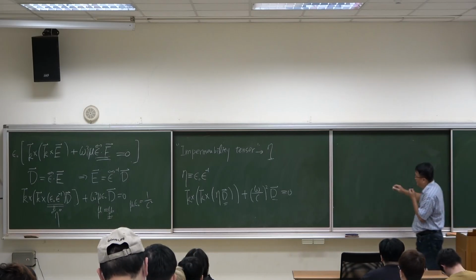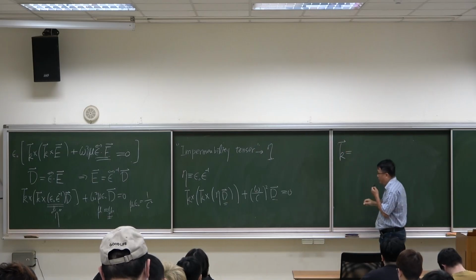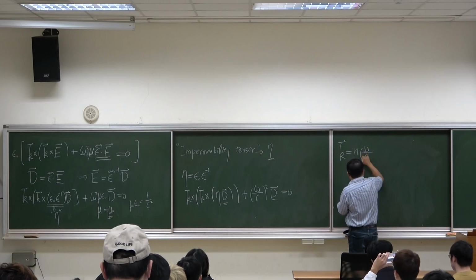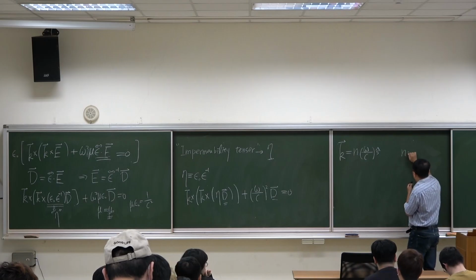And we know that the wave vector K is related to the propagation direction S by this relation. Here n is the refractive index.